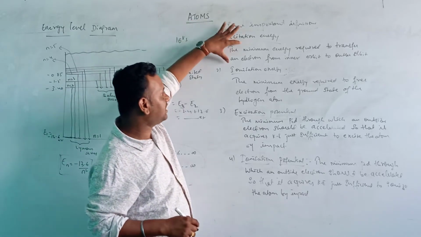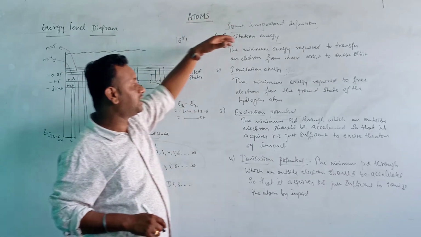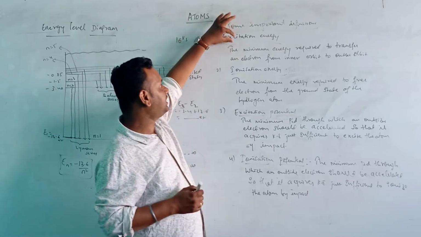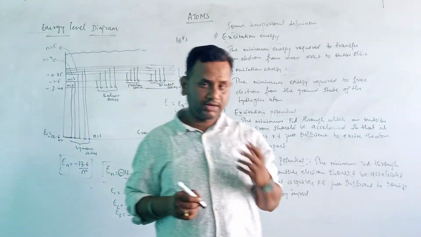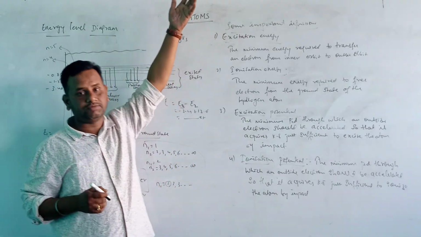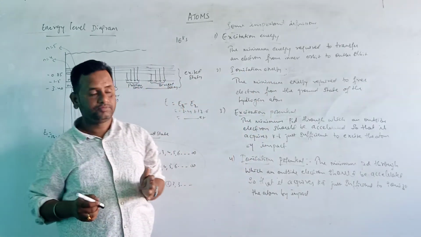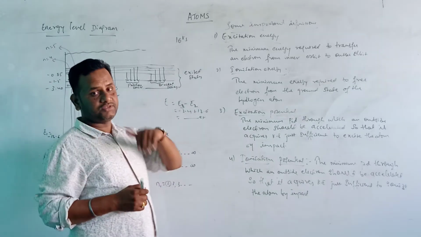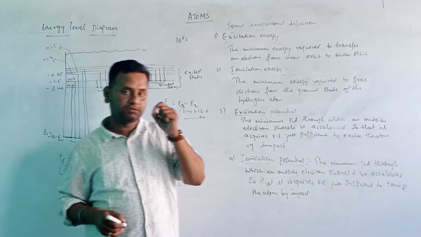It is the minimum energy required to transfer an electron from an inner orbit to an outer orbit. Inner orbit means the ground state, and outer orbit means a higher orbit. If the electron wants to make a transition from the inner orbit to the outer orbit, it requires some minimum energy.